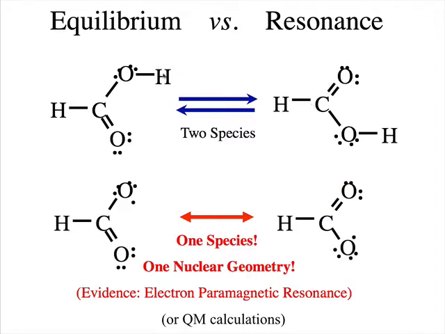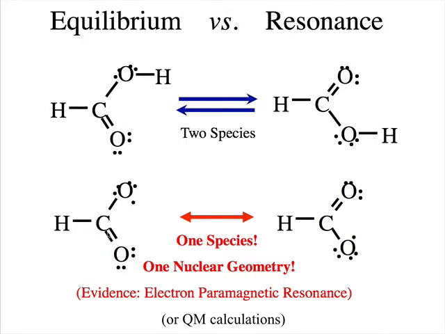So as we go back and forth between these two double minima, between these two species in the double minima, the bond is actually physically getting longer and shorter as it interconverts from a single bond to a double bond, and as that hydrogen moves from one oxygen to the other.